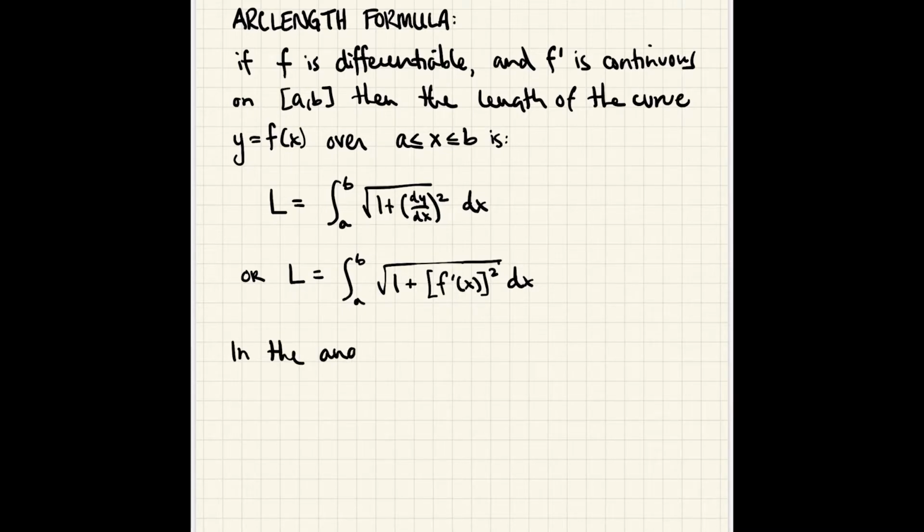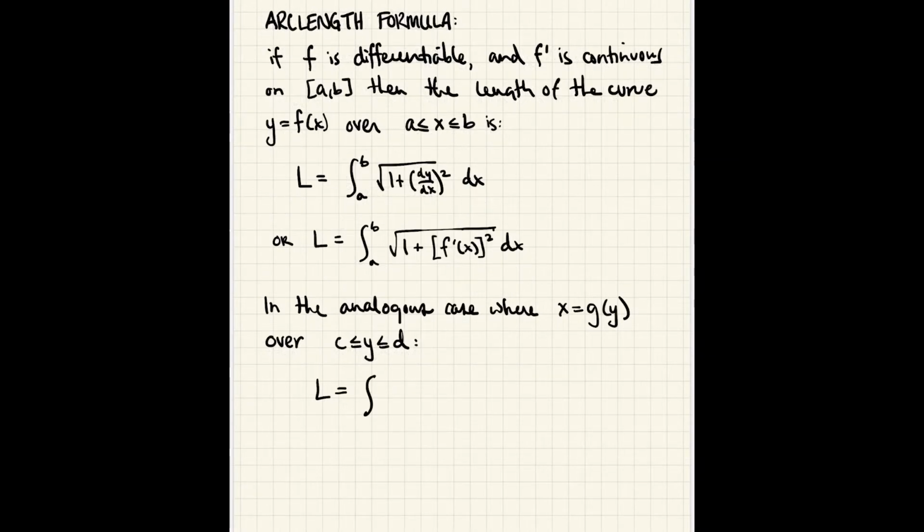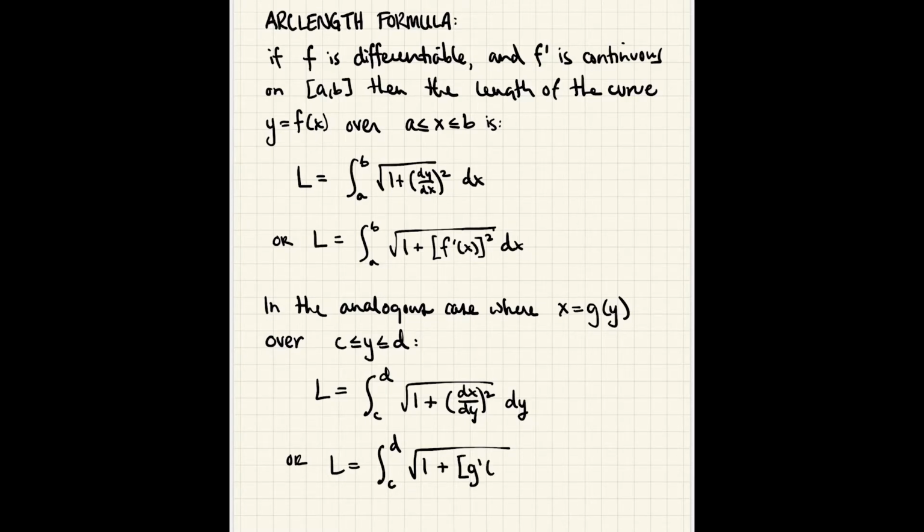So in the analogous case, where x is equal to a function g of y, and we're ranging over c to d on y values, the arc length is the integral from c to d of radical 1 plus the derivative of x with respect to y squared dy, or in function notation, integral from c to d of giant square root of 1 plus the square of g prime of y dy.